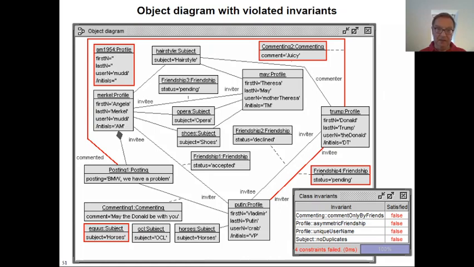Well, all violating parts in the object diagram are indicated with red parts, with red lines here. So this is the commenting that violates this constraint here. Well, Trump has commented the posting of Angela Merkel, but Trump and Merkel are not connected through a friendship relation, and not through a friendship relation that is in accepted state.